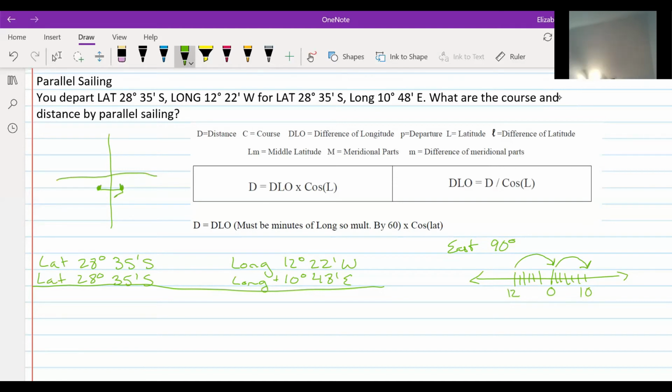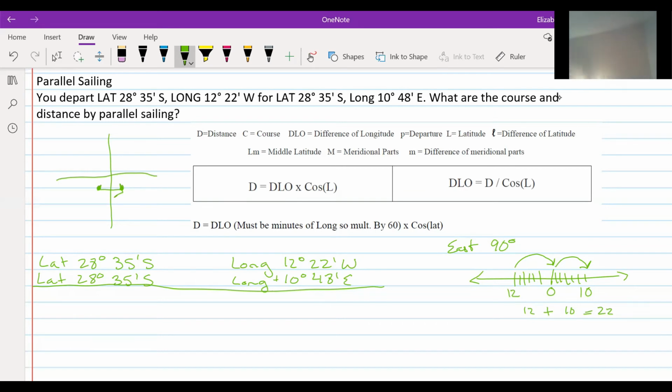We know the distance between 12 and 0 is 12, and the distance between 0 and 10 is 10. But in order to get from this side to this side, we need to add those together. 22.